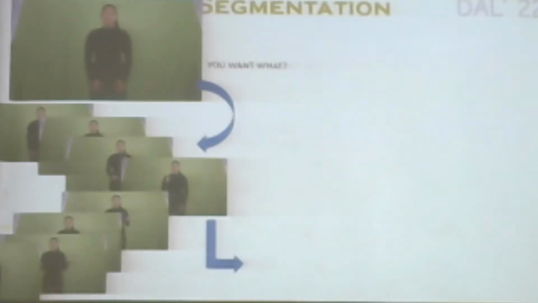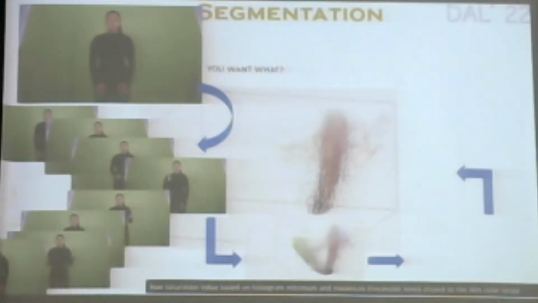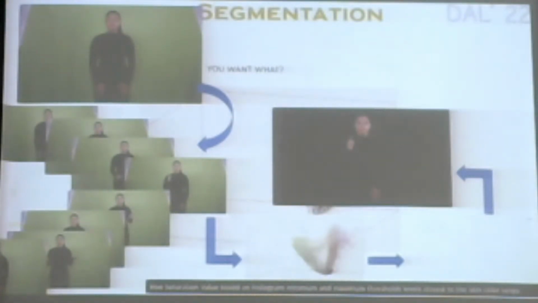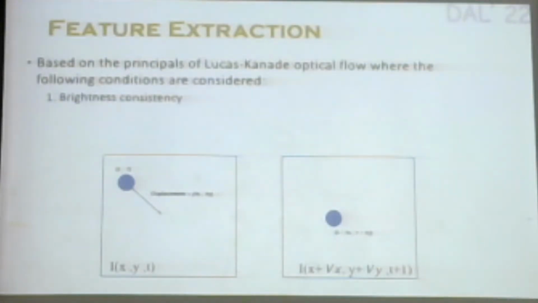We pass it through the segmentation, which uses hue and saturation thresholding closest to the skin texture, and then we extract that region, run a few morphological operations, and get a masking of that particular frame.